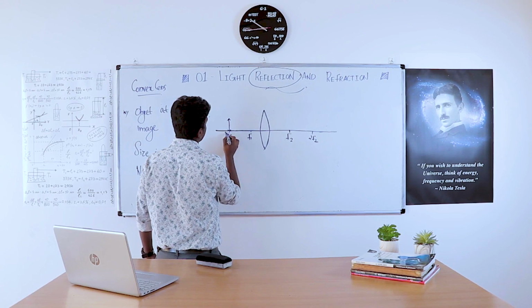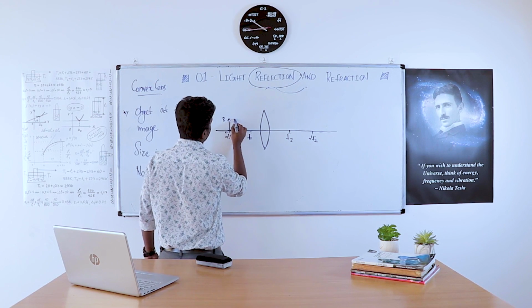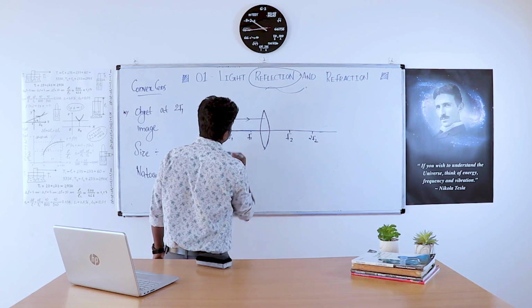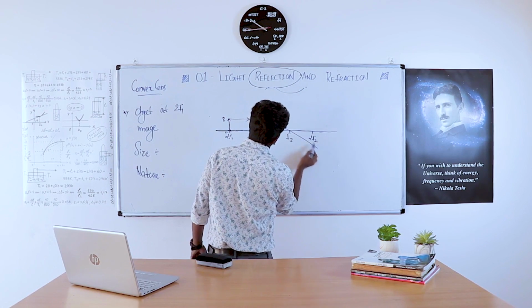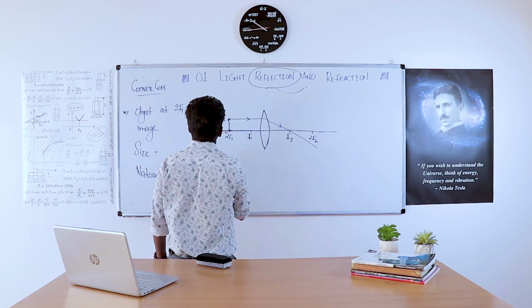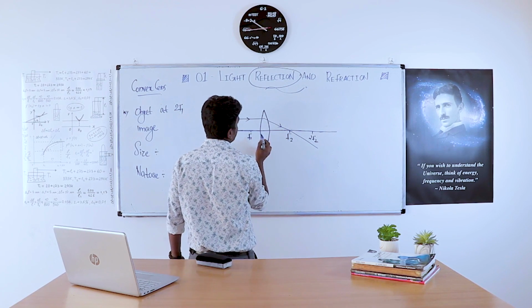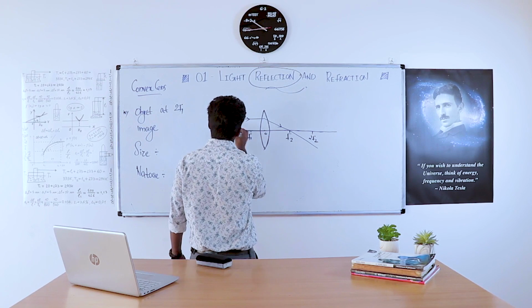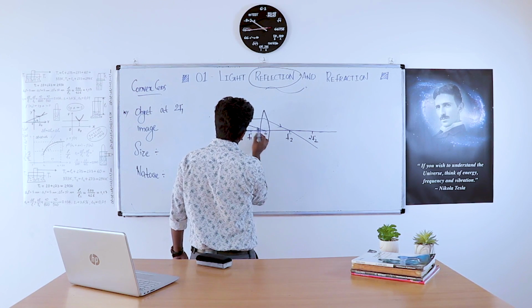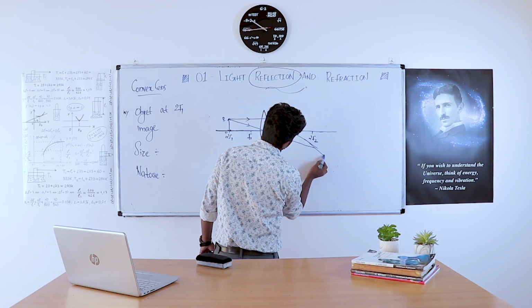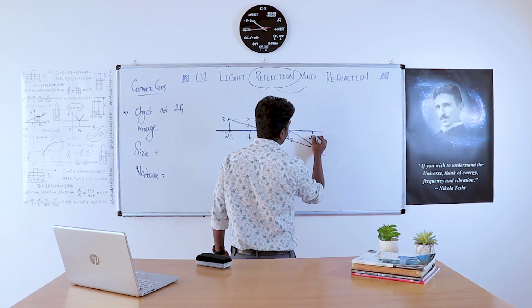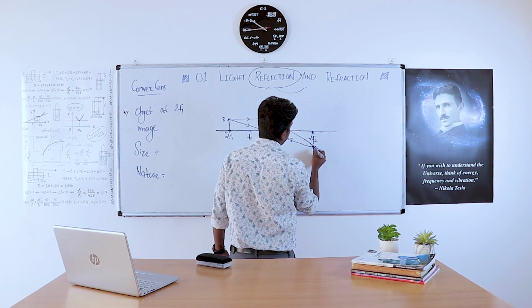This is our object. A ray of light coming parallel to the principal axis after refraction passes through the focus. Next, a ray of light passing through the optic center passes through it without any deviation.